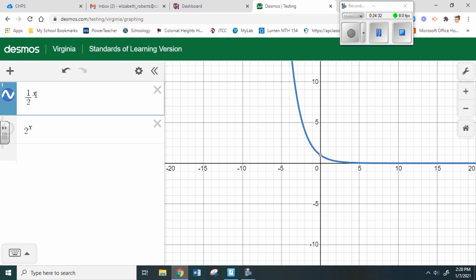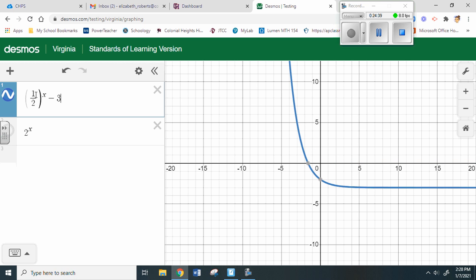Oh, good. You're welcome to throw some parentheses in there. Now you do have to be careful when you put a number subtracted in an exponent. You are going to have to put parentheses around it, okay?